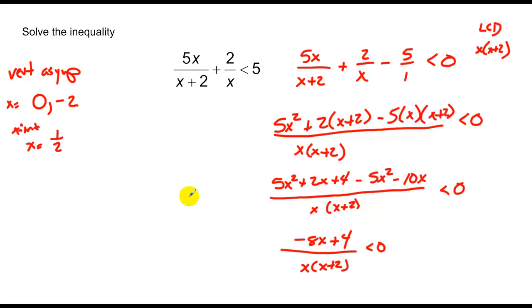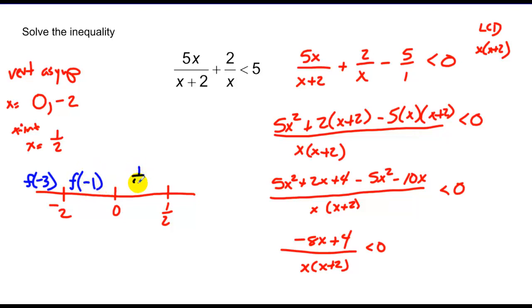Check some points. I'm looking at negative 2, 0, and a half. So the points I'm going to need to look at are negative 3, negative 1, about a quarter, and 2, what the heck. So when I plug in a negative 3, I end up with a positive over 2 negatives, which is a positive.